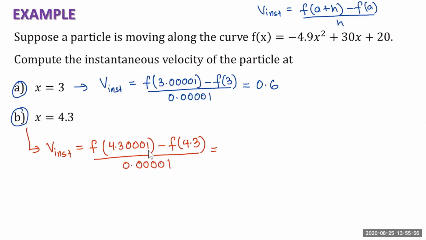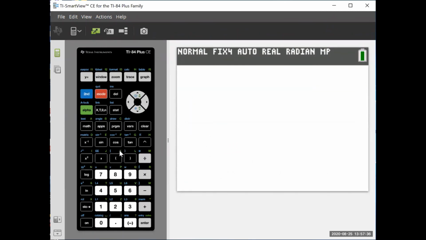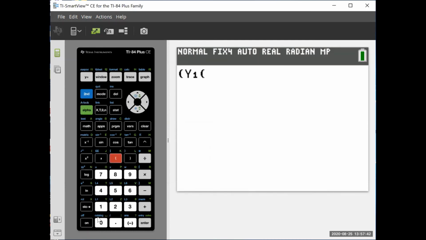So now we are going to use the calculator and find this value. Here we have the function. We come back to the main screen and we type the numerator, which is y1, alpha, trace, y1, of 4.3 plus 0.00001, close it, then minus f of 4.3.